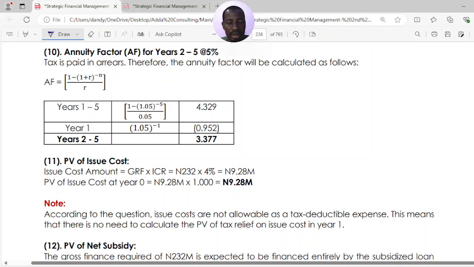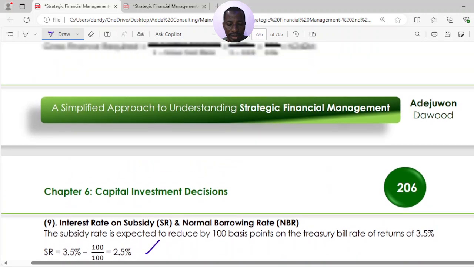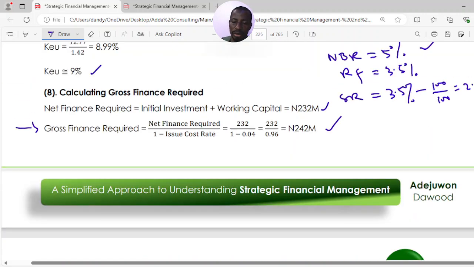There is no equity, so I would say issue cost amount in year 0, which represents the gross finance required, multiplied by issue cost rates. The gross finance required is 232 million.